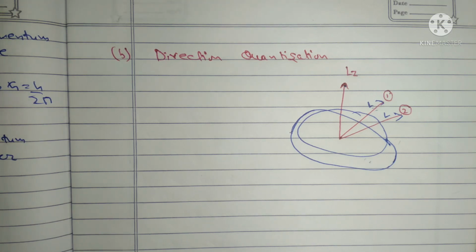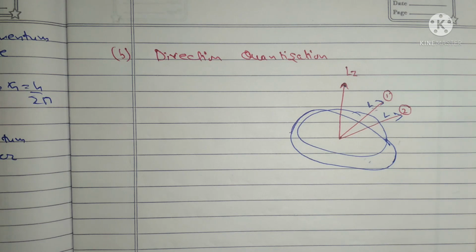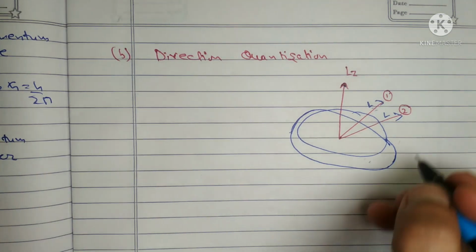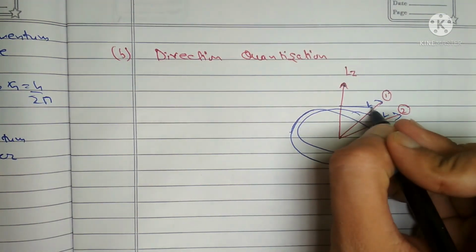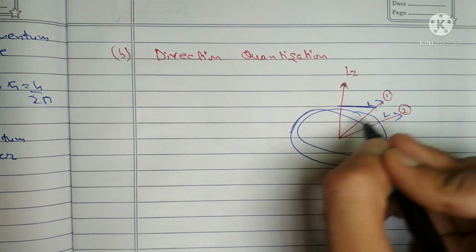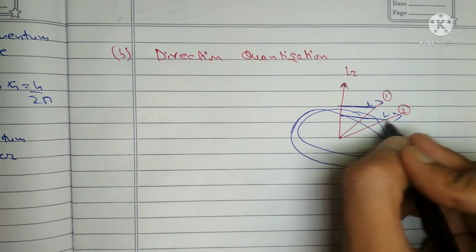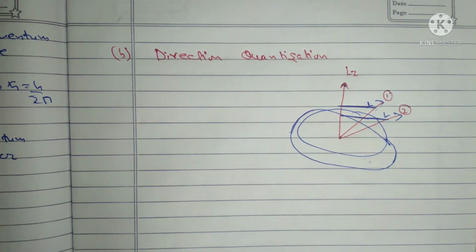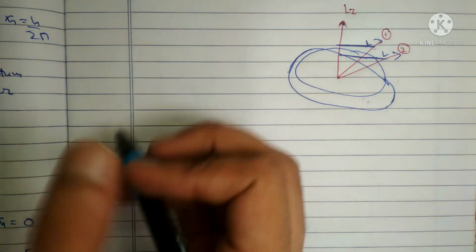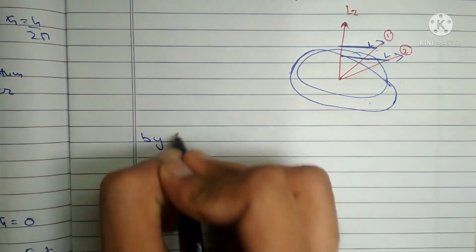If we take the z-axis and look at the components of the two angular momenta, because they now have different directions, the components will vary. So this will be the z component of the first orbit and this will be the z component of the second orbit.